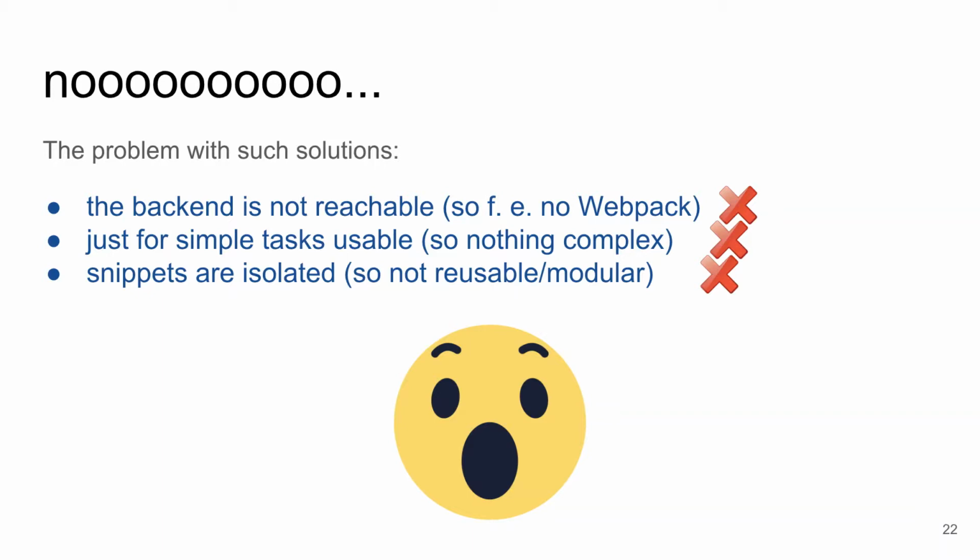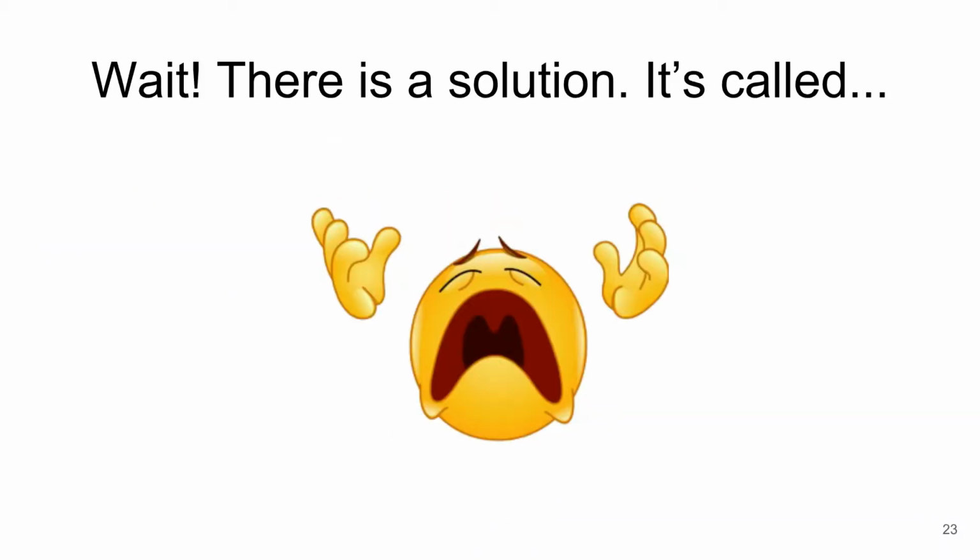Another downside is that the snippets are isolated from each other, meaning that you cannot easily combine them with other snippets or reuse them in other projects. If you anyway want to reuse a snippet, you have to copy it line by line by hand. These problems are preventing web developers from being more efficient and having a less hard life.